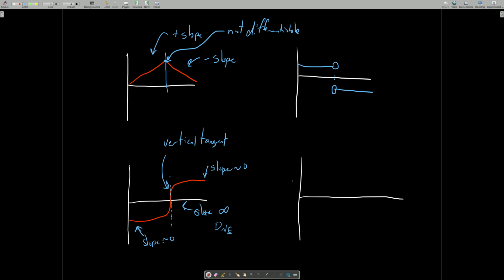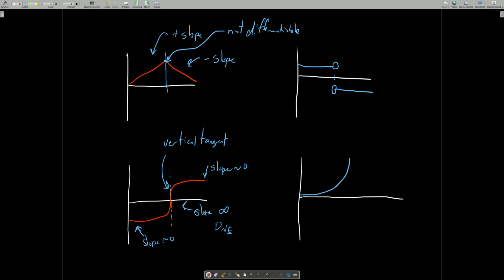But how can we write this on a derivative graph? So see, the slope starts out at 0, and it starts to go up towards infinity because there's this vertical tangent line. And so you write that on the graph like this.